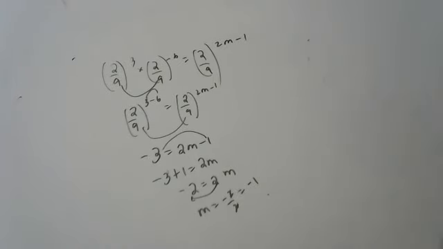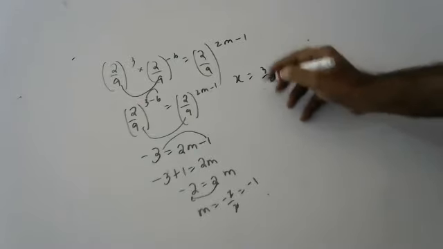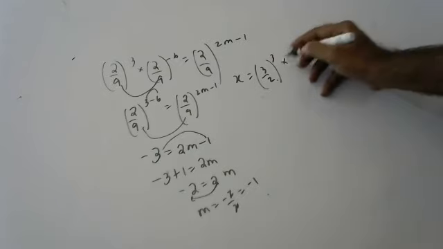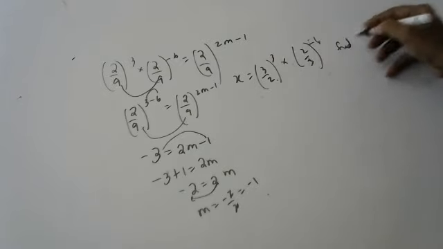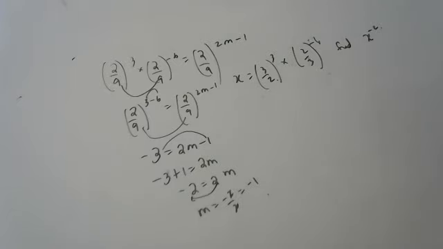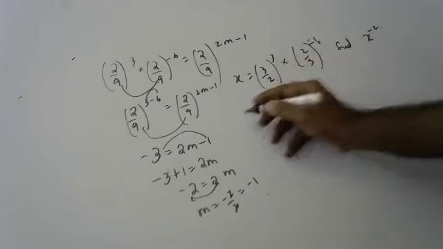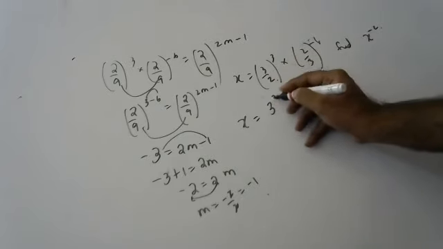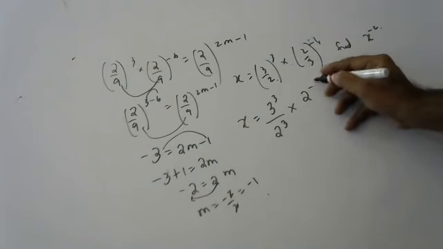Ashrit. Yes, sir. x is equal to 3 by 2 to the power of 3 into 2 by 3 to the power of minus 4. Find the value of x to the power of minus 2. First simplify this, then we will find out. x is equal to 3 cube by 2 cube into 3 by 2.